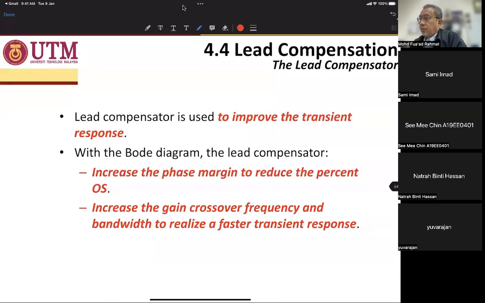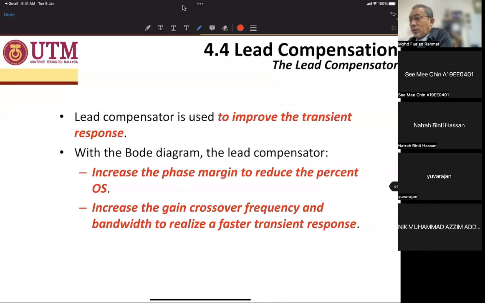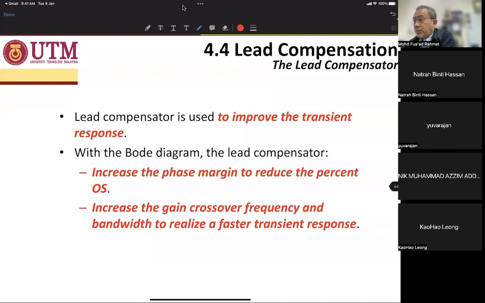Okay, so lead compensator is the third compensator in the frequency domain. The first one is the gain adjustment, then lag compensator, then lead compensator, whose specific function is used to improve the transient response. Okay, so it becomes faster.